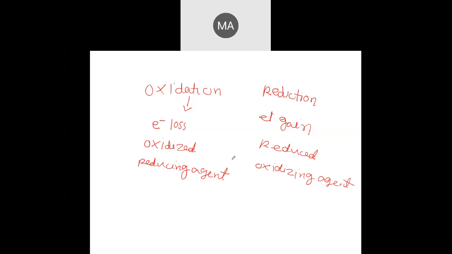For example, we can show here the magnesium reaction with oxygen, where magnesium charge 0, oxygen neutral diatomic molecule 0, but the new compound after redox reaction we find is magnesium oxide, where the magnesium charge +2 and oxygen charge -2.